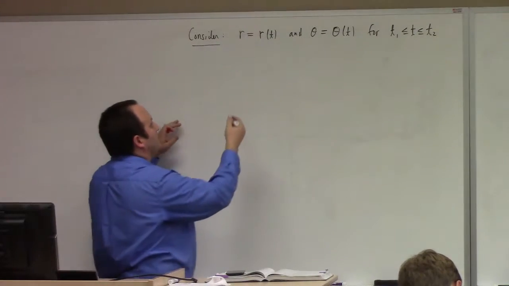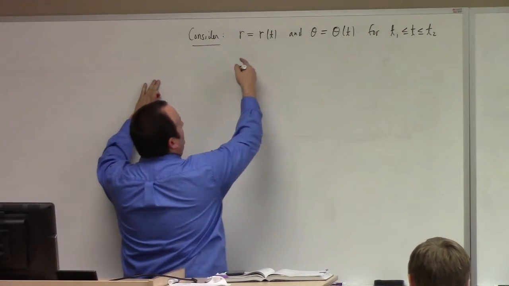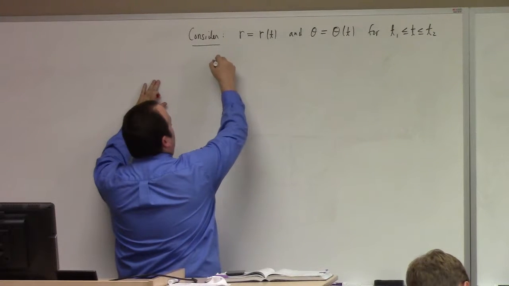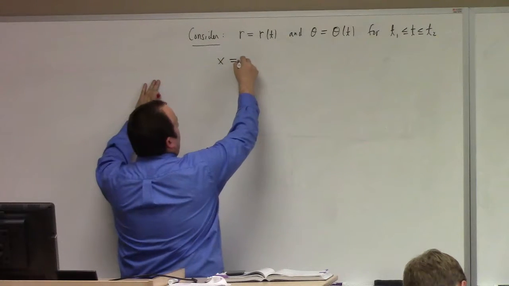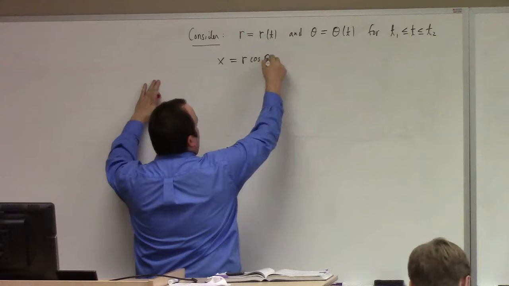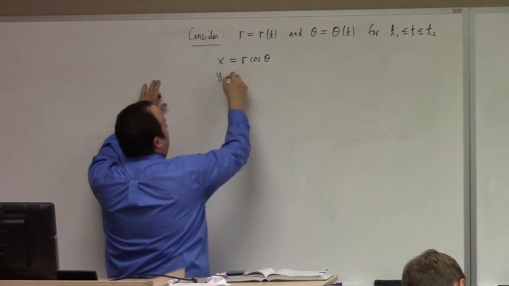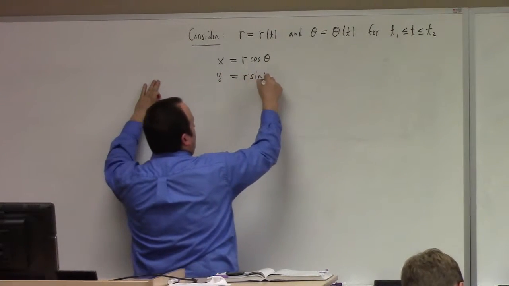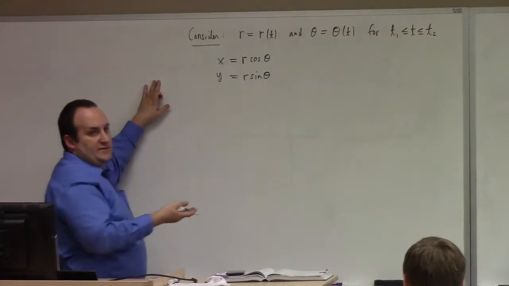Let's go through this calculation in a little bit more generality. So this means that we're going to have x equals r cosine theta, and y is equal to r sine theta, right? We can still do that.